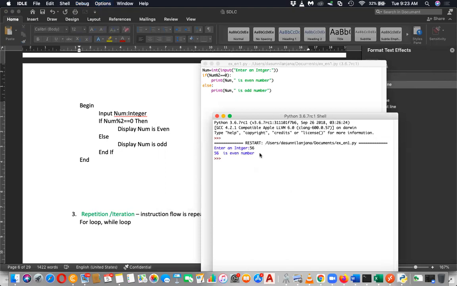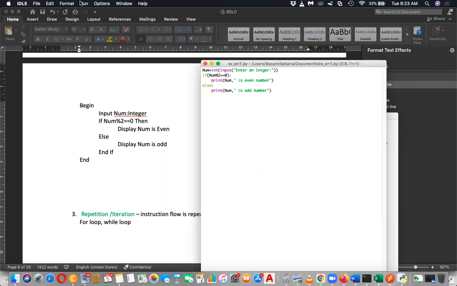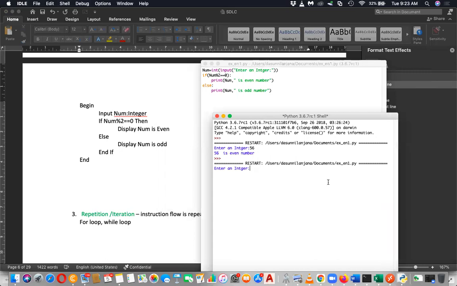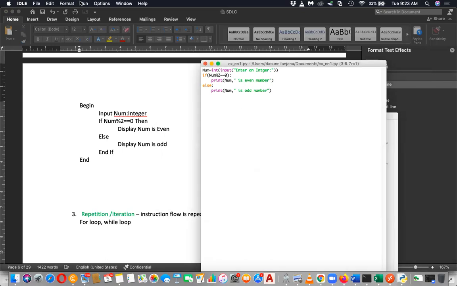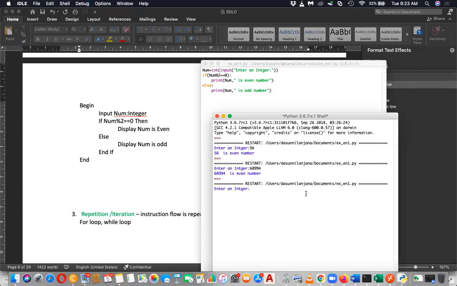It says 56 is even number. If you want to run again, go to run module. Another number, maybe a large number, it will say it's even. If you want to run again, run file, it's odd number. So this is how you do it. Maybe you can capture the screen, take a screenshot of this, and we can proceed.